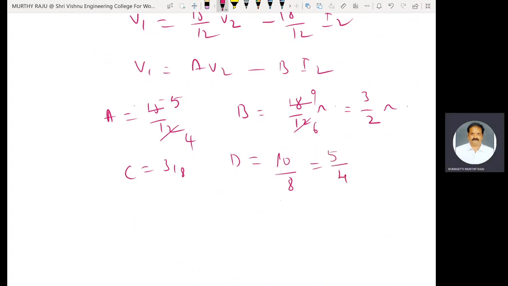A is equal to D. So C is equal to 3 by 8, D is equal to 5 by 4, A is equal to 5 by 4. With this, H parameters and transmission parameters are also completed.